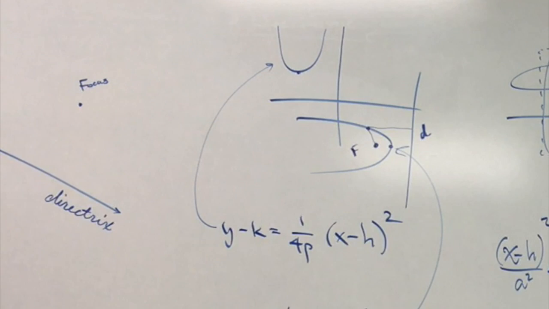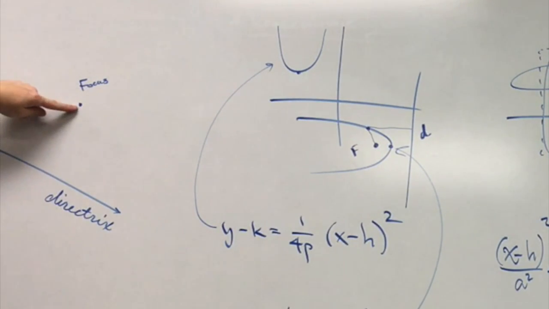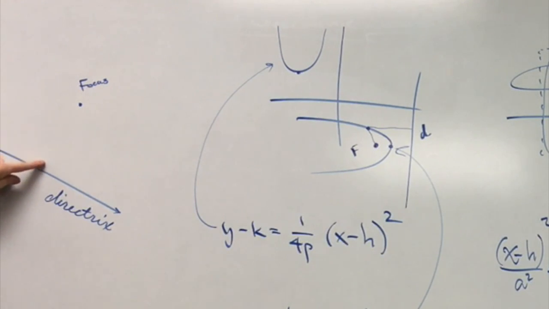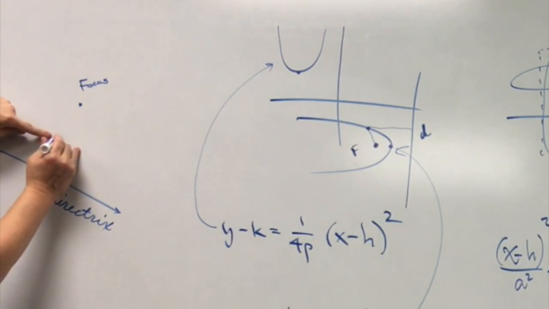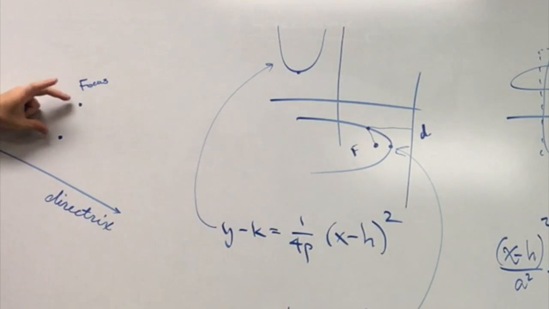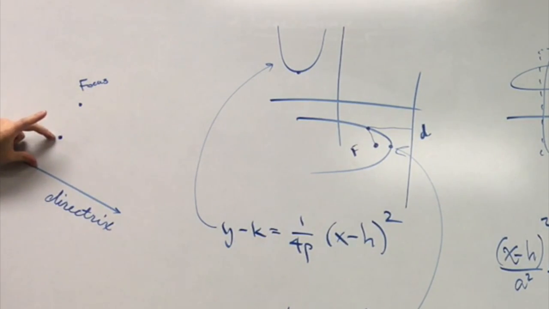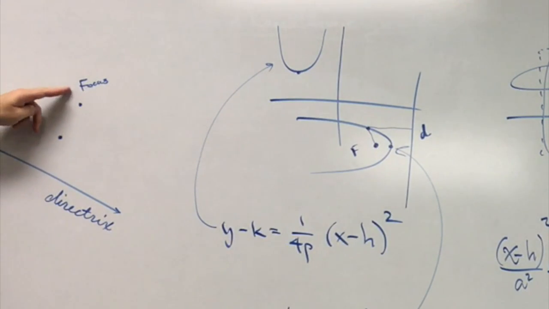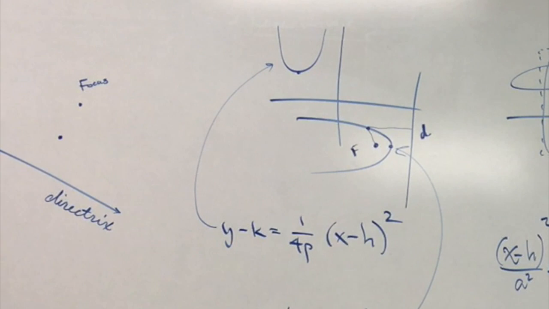For example, there's one that's really easy. If you measure the shortest distance from this point to this line and pick the midpoint, right here, the distance to the focus is equal to the distance to the directrix. So this is one point on the parabola that's determined by the focus and the directrix.